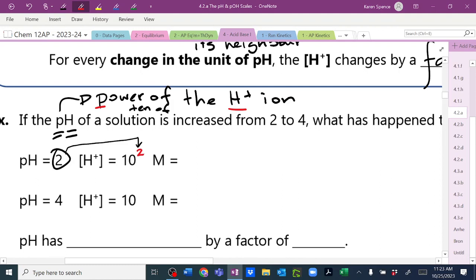If pH is 2, that means the concentration of hydrogen is 10 to the 2 molar. Oh, sorry, I'm wrong. It's 10 to the negative 2. So what is that in decimal version?